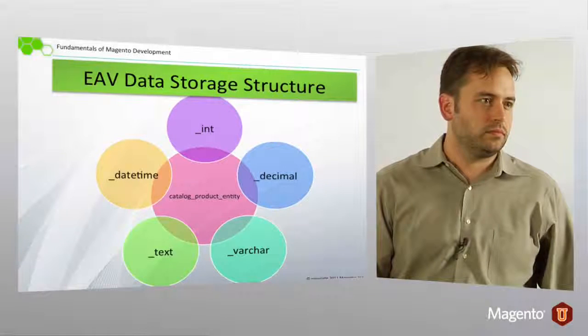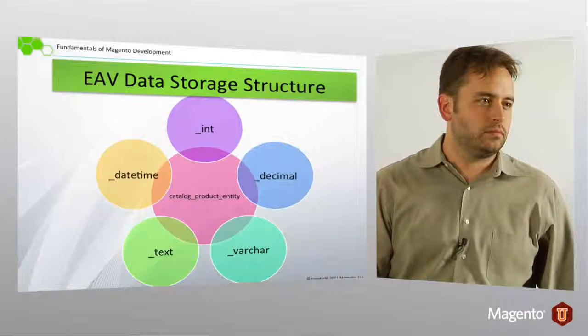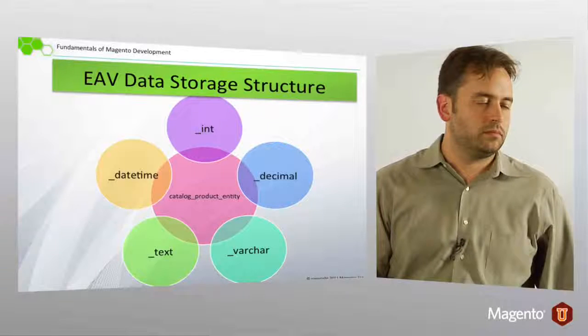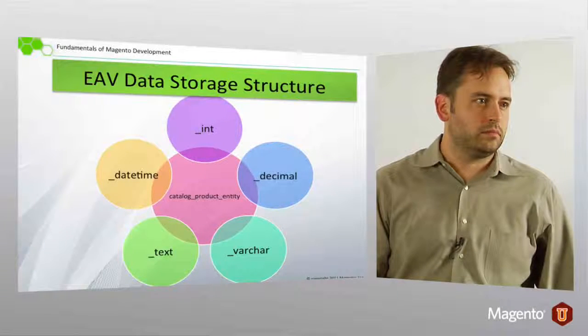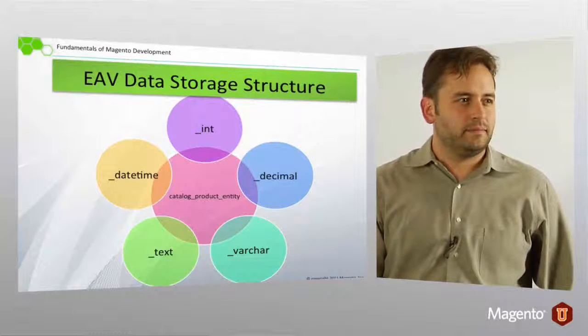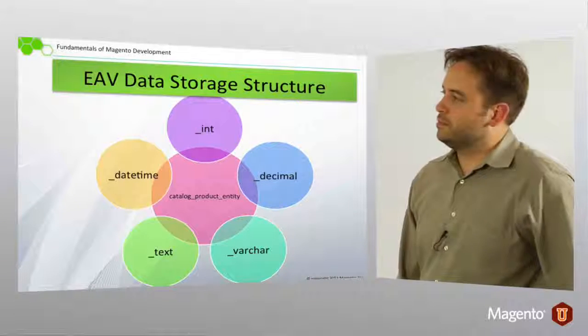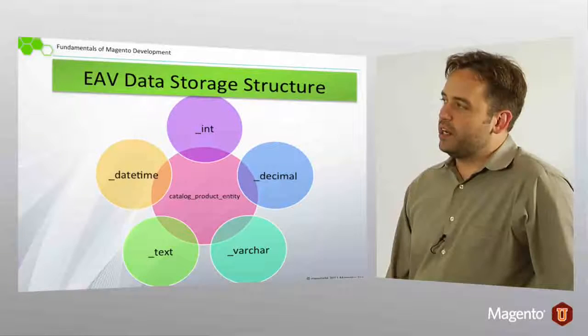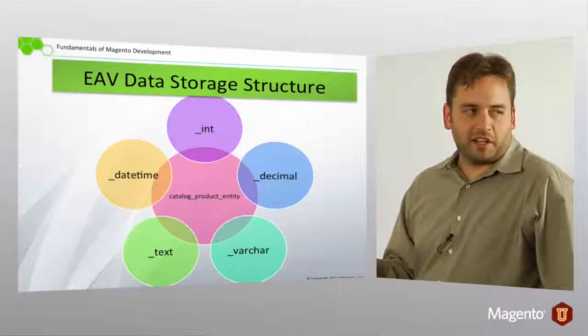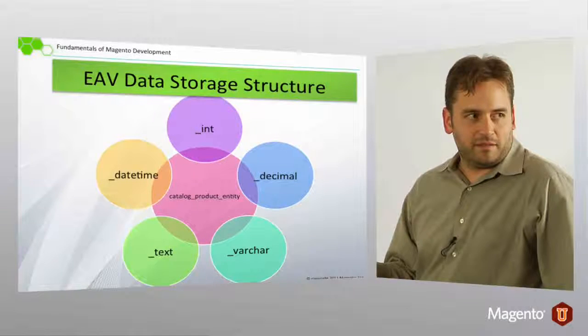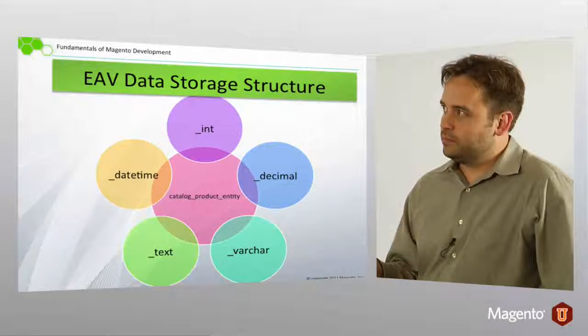How do you decide to create the EAV table for the entity table? We'll get into that. For right now, just recognize this as an EAV data store, right? Okay.